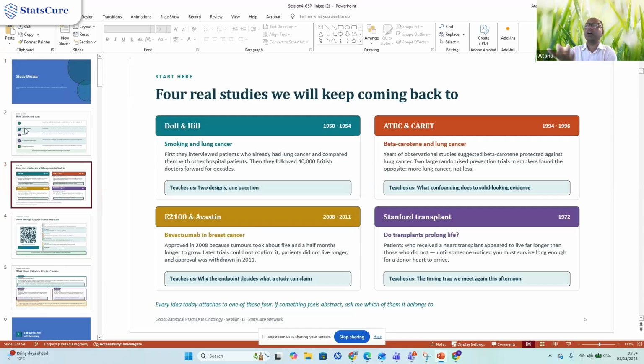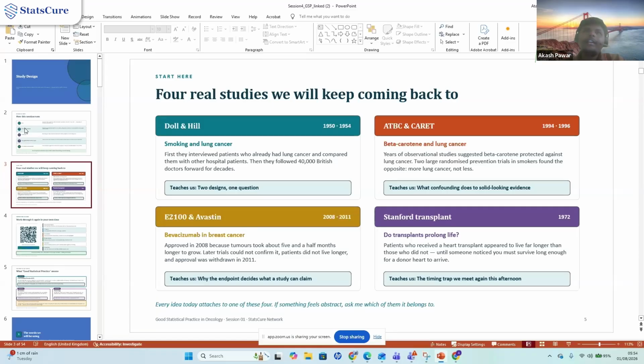And then finally, the Stanford heart transplant study. Patients who received a heart transplant appeared to live far longer, but until someone noticed that you must survive long enough for a donor heart to arrive.